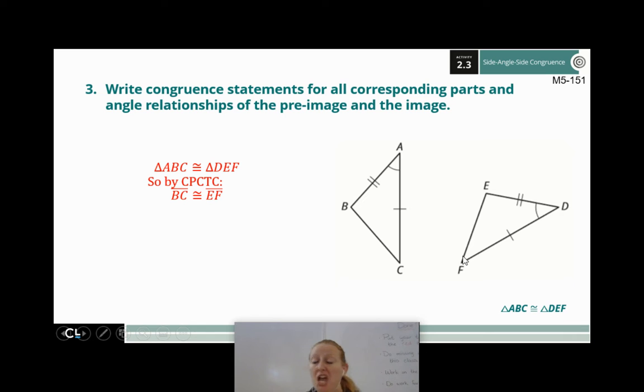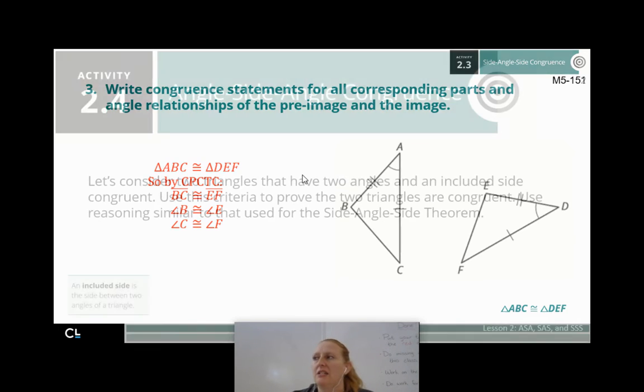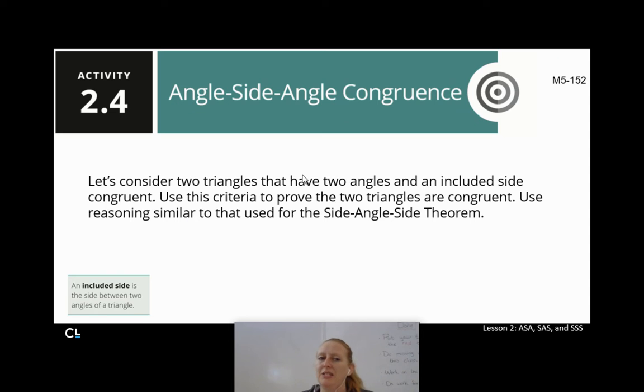By CPCTC, I can also say angle B should be the same as angle E. By CPCTC, I can say angle C should also be congruent to angle F. My triangles are congruent, so all the other parts must be congruent as well. That's fair. So now that you got a feel for side angle side, let's talk about our last one here.